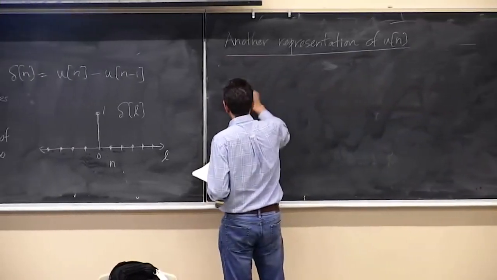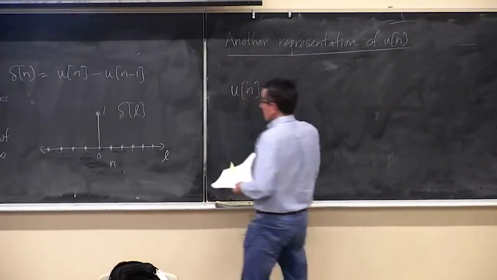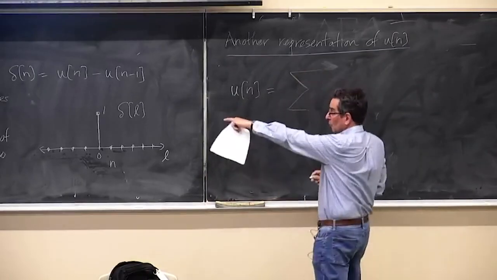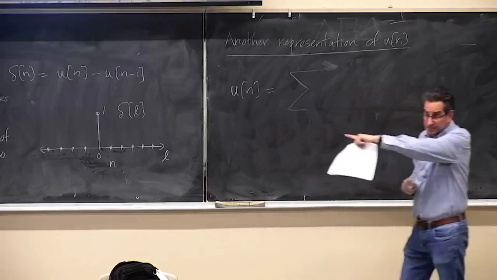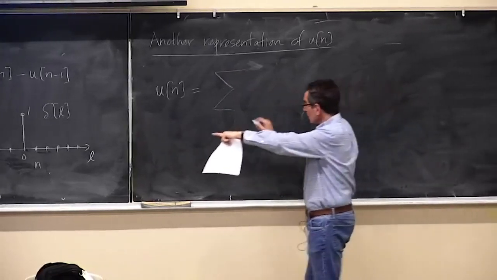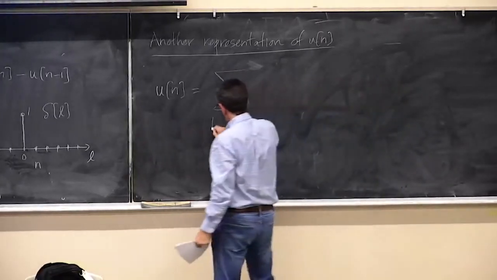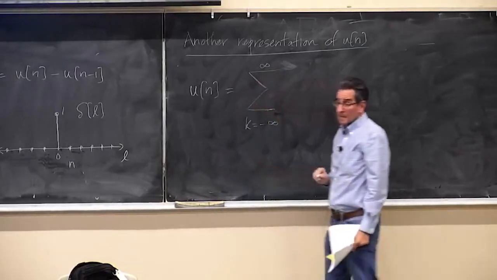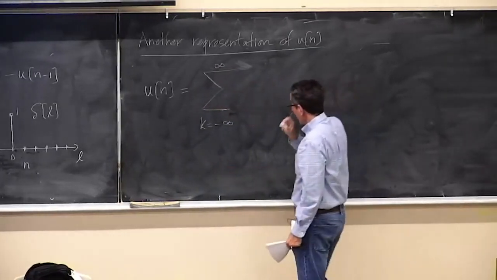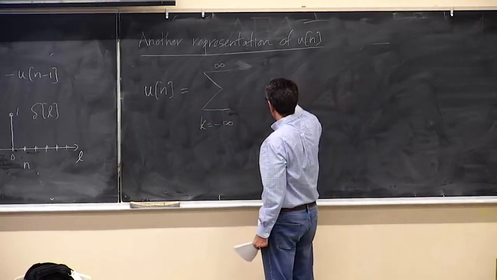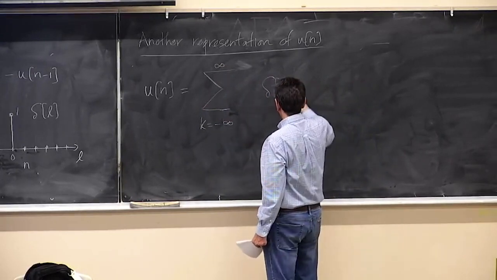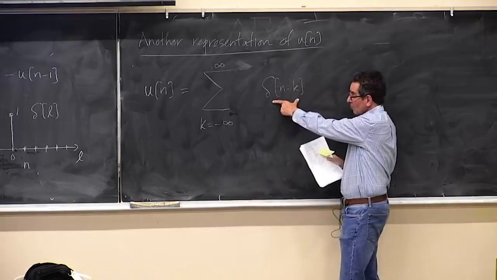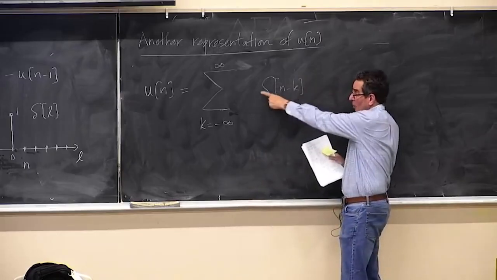And what it looks like is this. u of n, well, we said that u of n is the sum from k equals 0 to infinity of delta of n minus k. Suppose I would like my sum to go from minus infinity to infinity. Well, we know that for the terms delta of n minus k, where k is non-negative, we want a 1 in front.